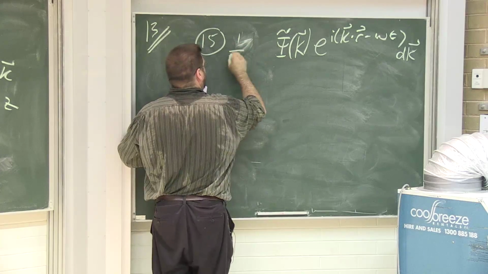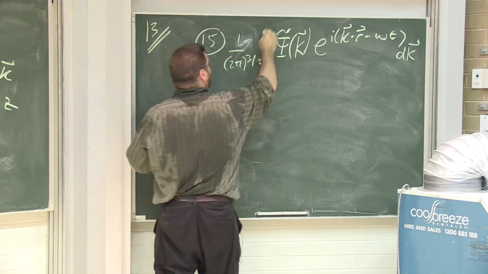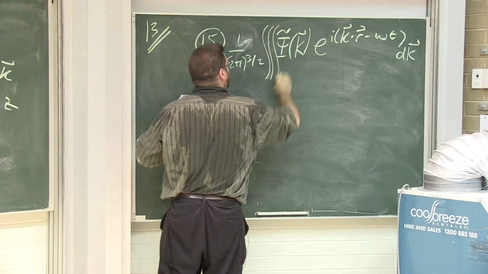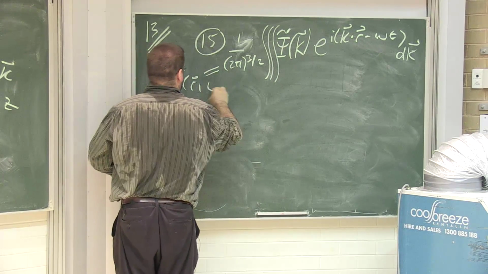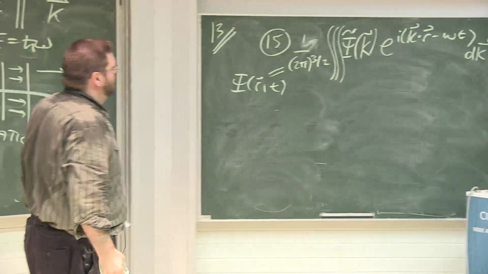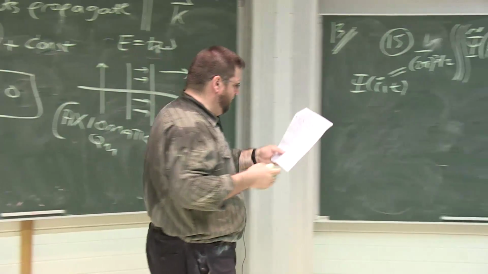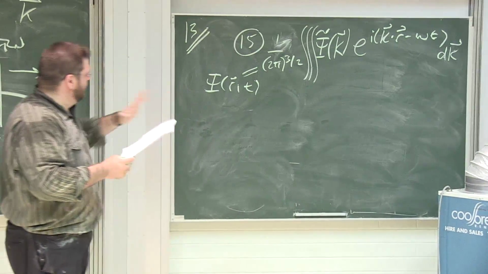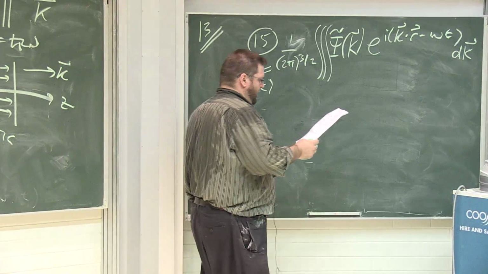I put in some pointless constant because of the particular convention I'm using for quantum physics. And then I add up that superposition of plane waves to make an arbitrary wave function. That's a Fourier integral, but it's also just a sum of plane waves. This is equation 15.